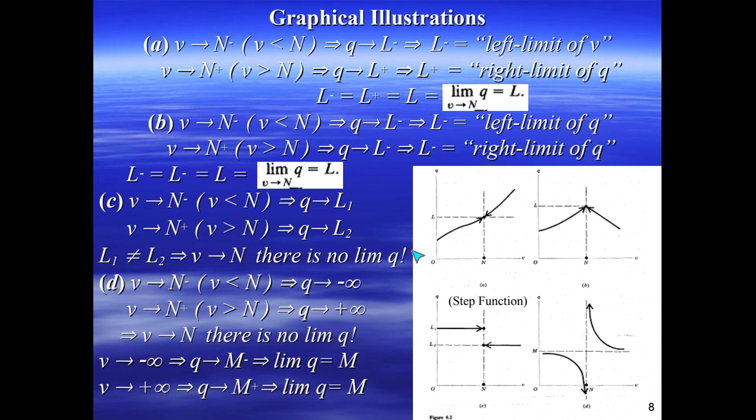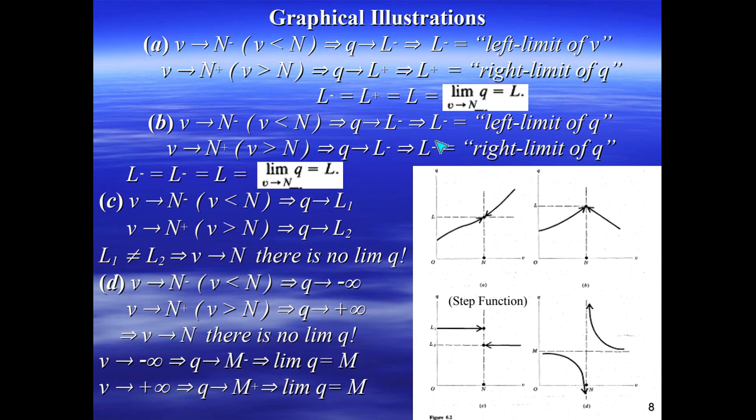Here this is A, B, C, and D. In A, the uppermost and the leftmost figure, when we approach n from lower values, V goes to n minus.